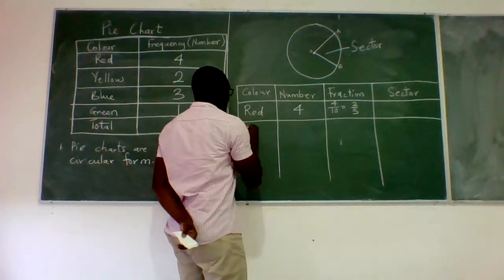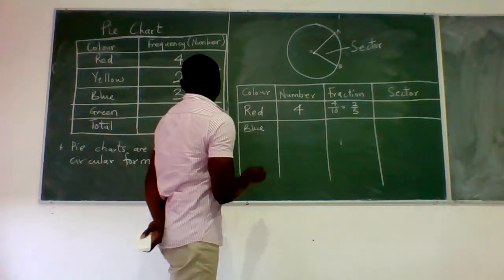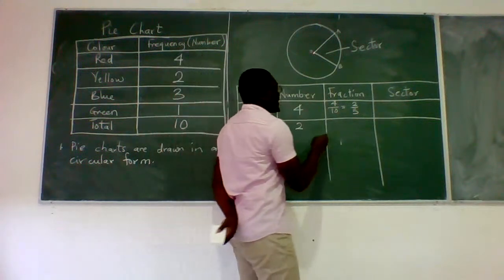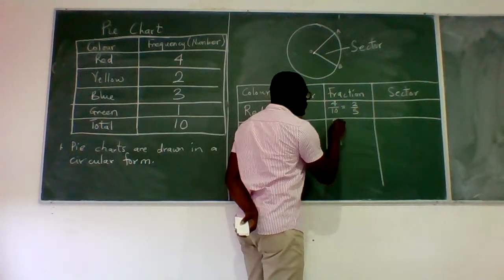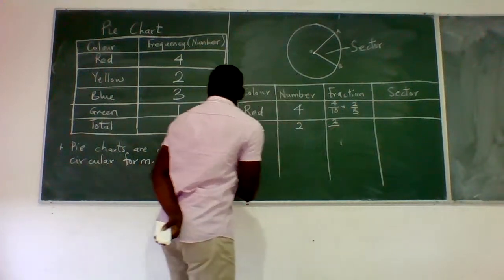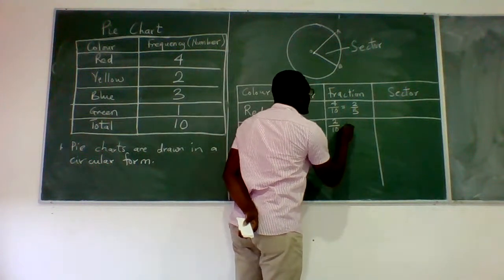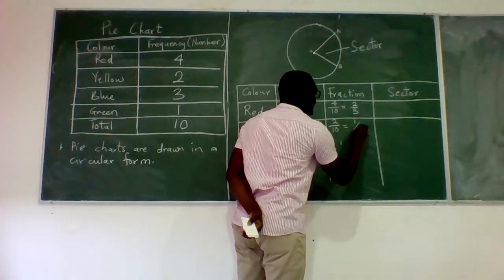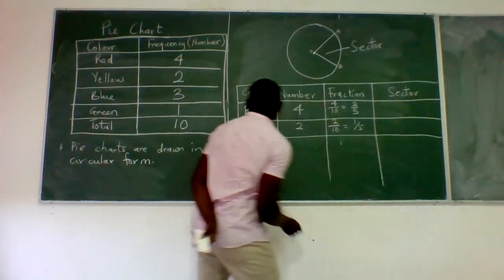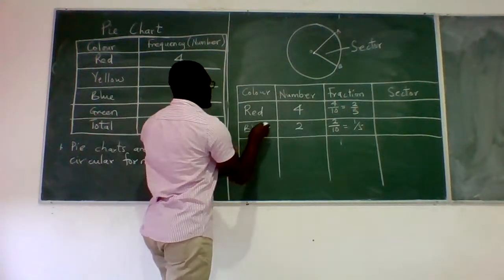The next one is the color blue. They are just 2. So here we have the fraction, which is 2, the same number you have here, divided by the total we have here. So divided by that, and this should give us 1 out of 5. The next color to deal with, oh sorry, this is supposed to be yellow.